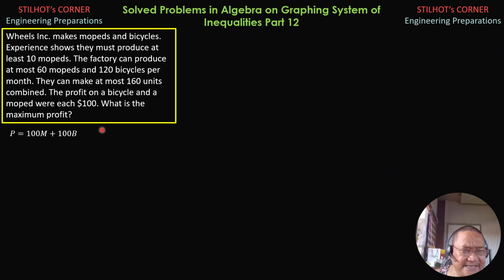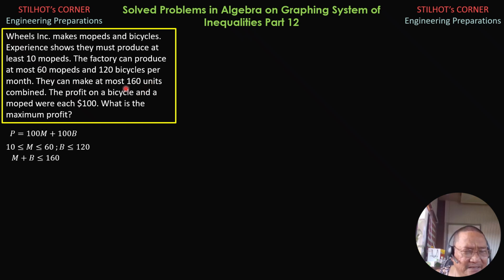Subject to the constraints that for mopeds, 10 is less than or equal to M, and M is less than or equal to 60. For bicycles, B must be less than or equal to 120. And for the total units combined, M plus B should be less than or equal to 160.